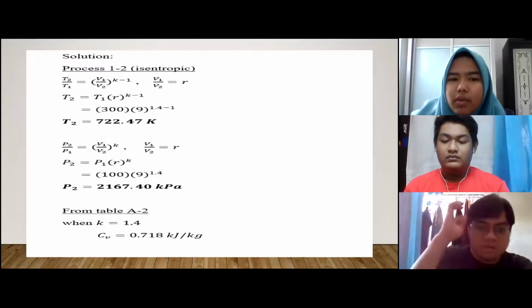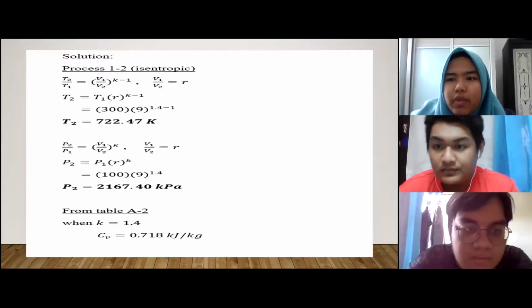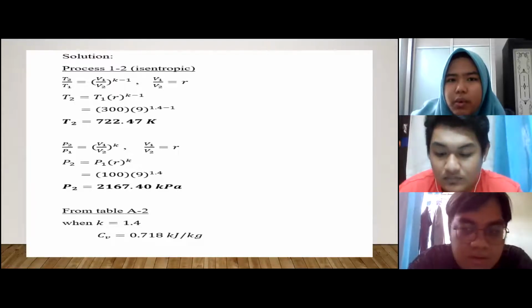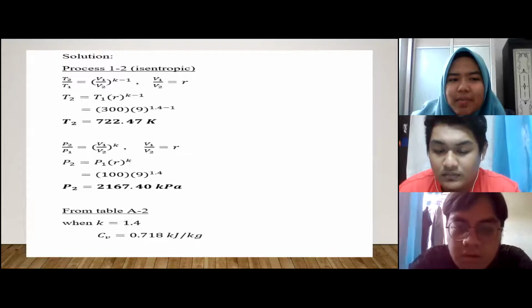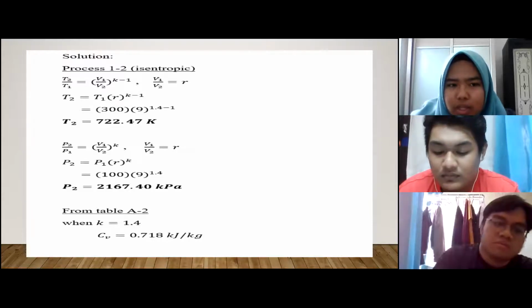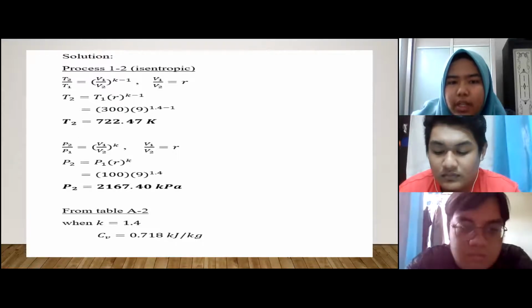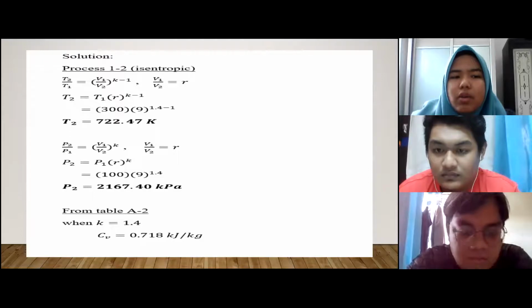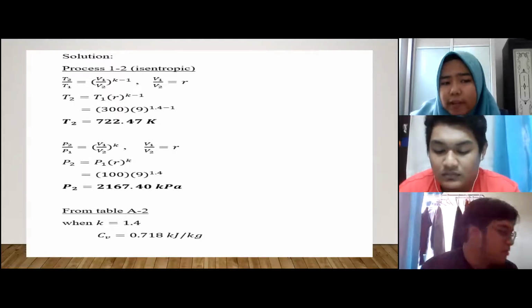We know that V1 over V2 is equal to r, so we substitute it. T2 is equal to 300 times 9 to the power of 1.4 minus 1. Then we get T2, which is 722.47 Kelvin.